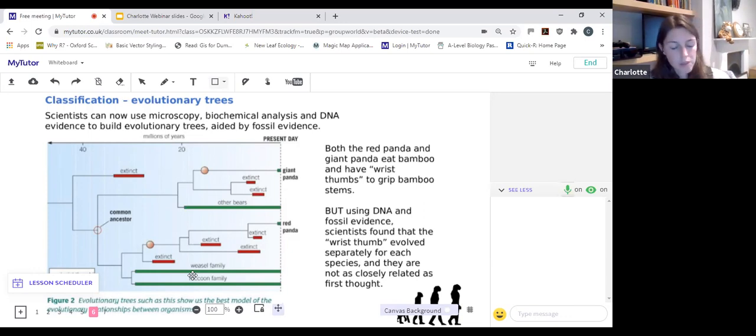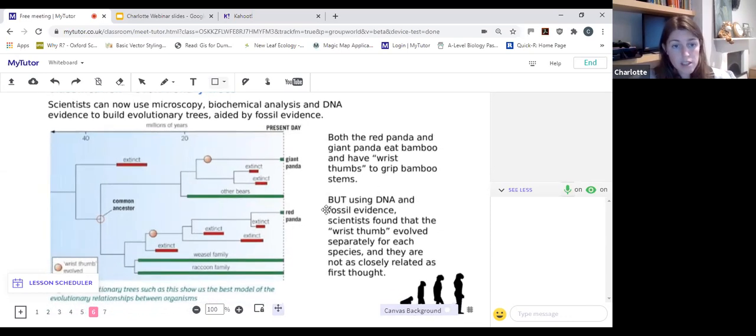We talked yesterday about fossil evidence, about how, particularly for some organisms such as the horse, there's been almost a complete record of the change in what is now the modern horse over time. But there's lots of organisms that we don't have any kind of detail like that for. That's where microscopy, biochemical evidence, and DNA evidence can be really helpful in trying to work out who's related to who in all of our organisms.